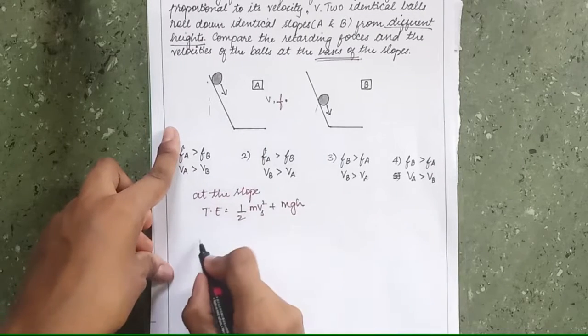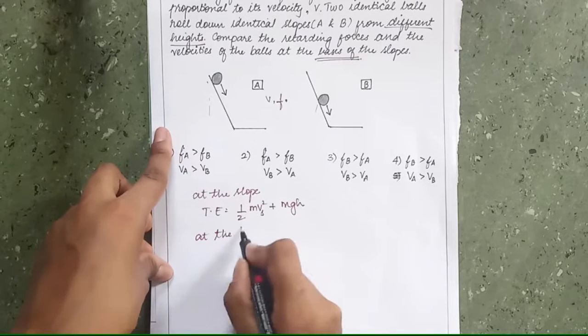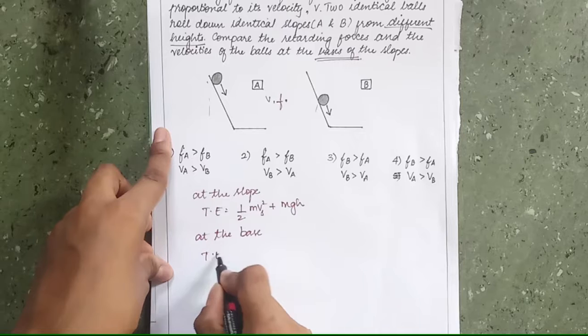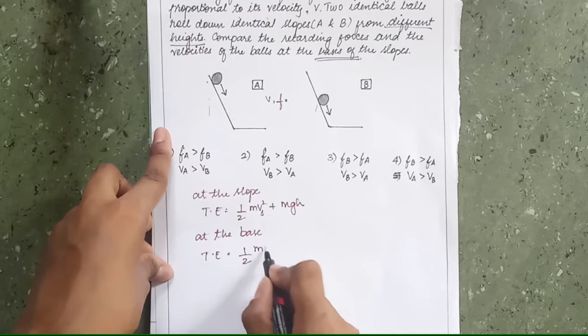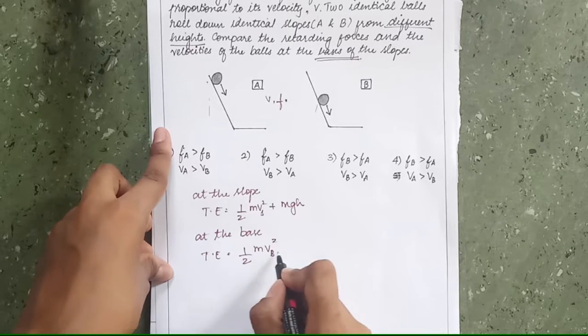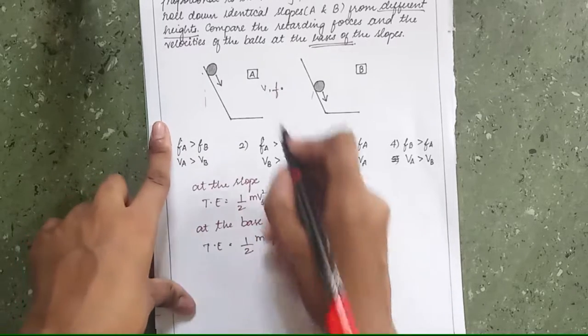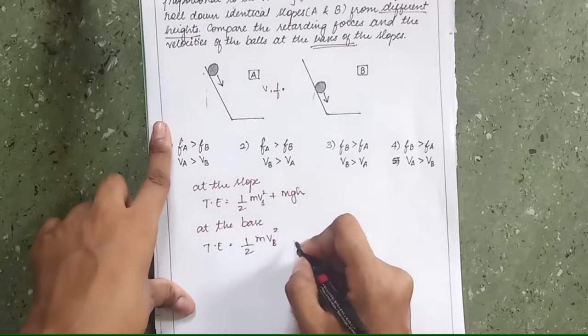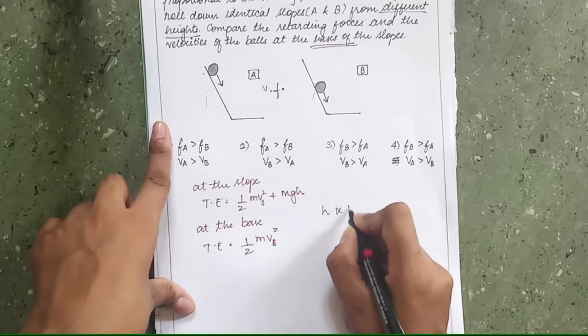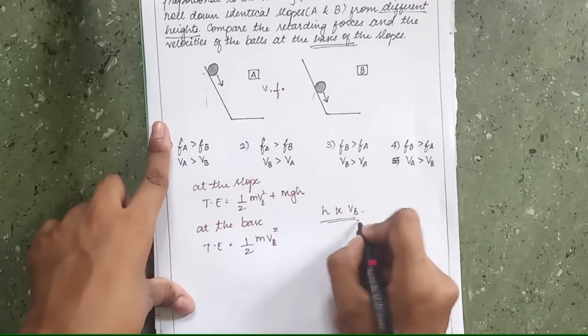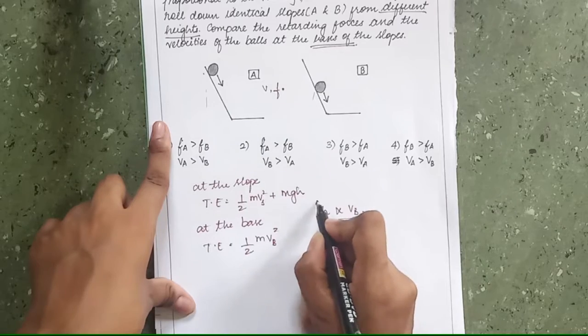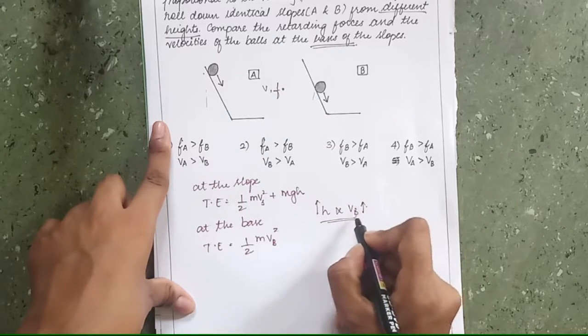Now, at the base, this total energy is converted to kinetic energy, where Vb is the velocity at the base. So, when we equate these values, we find that h is directly proportional to Vb, right? So, the higher the height, the higher is the velocity at the base.